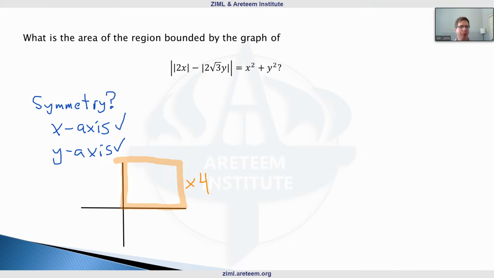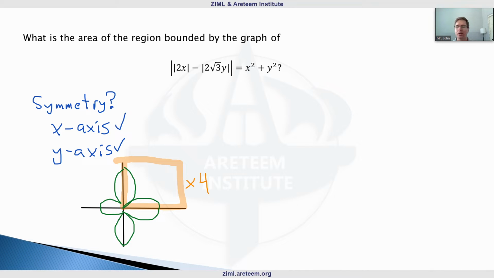Our general picture is that if we have some graph in the first quadrant, then that graph is going to be repeated. At least the area is going to be the same. We're going to have some similar thing on the bottom, but then that all is flipped over that way too.